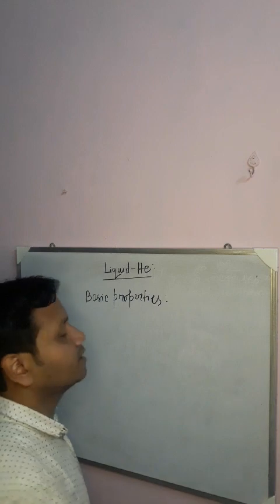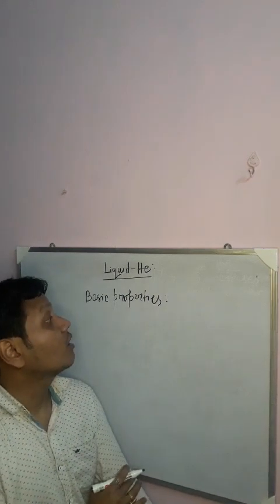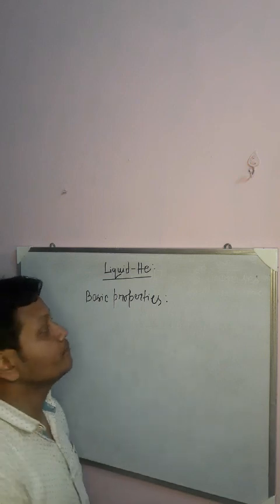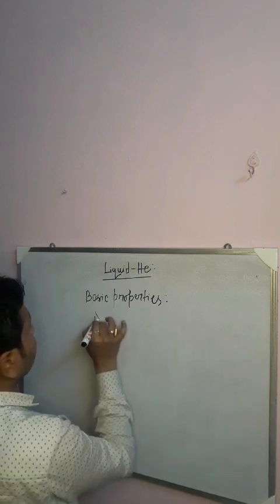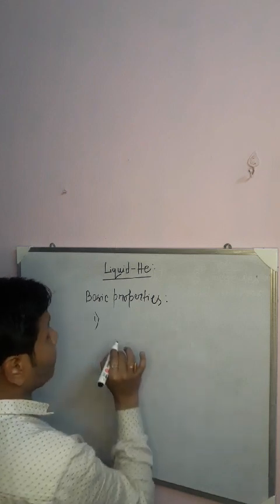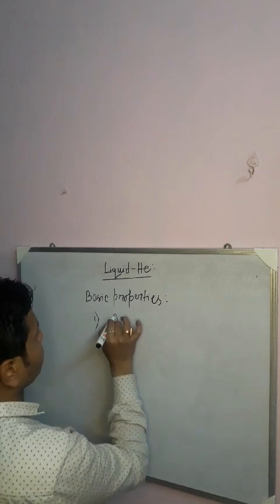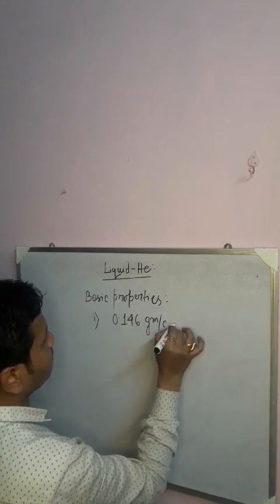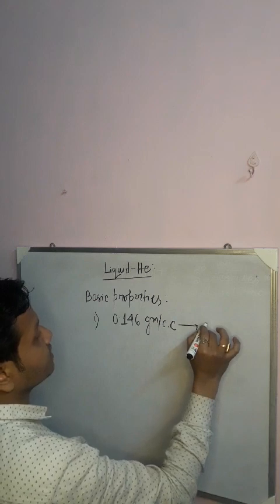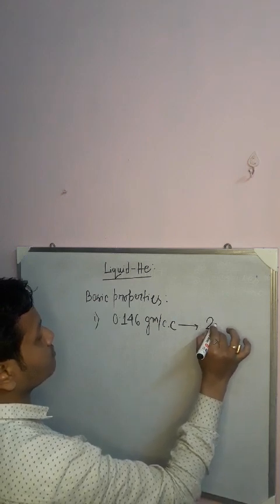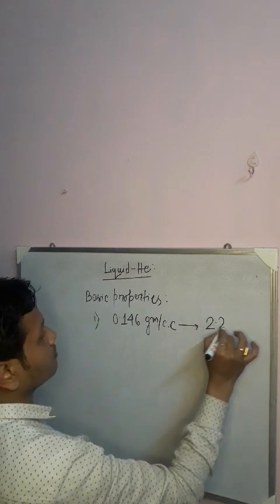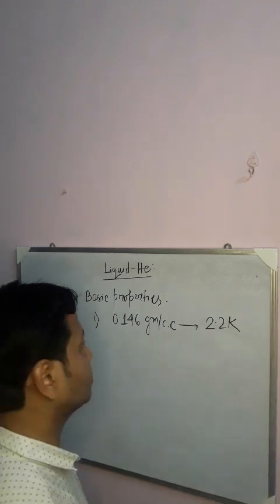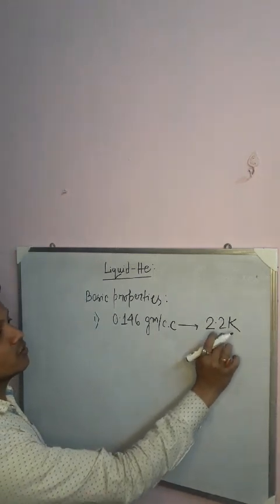You all know, even higher secondary students know, that liquid helium shows maximum density. The maximum density of liquid helium is this, in gram per cc. This is exhibited at a temperature of 2.2 Kelvin.